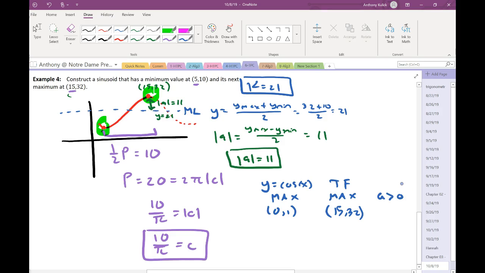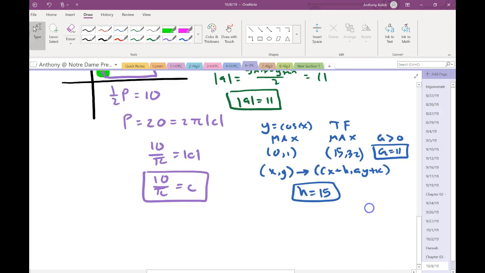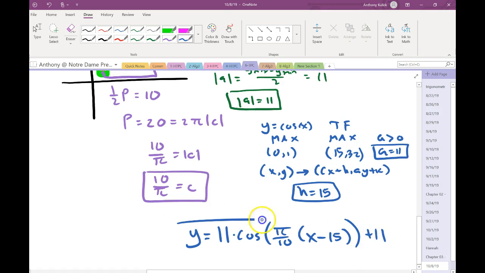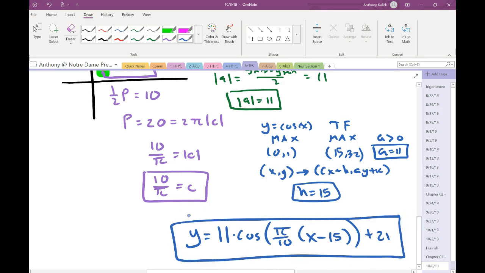Because I'm using the maximum, I know going max to max, the a needs to be positive. And that transformation is cx plus h, ay plus k, so that my h just is going to be 15. And now I have everything that I need. Oops, that's supposed to be 21. And I'm done.